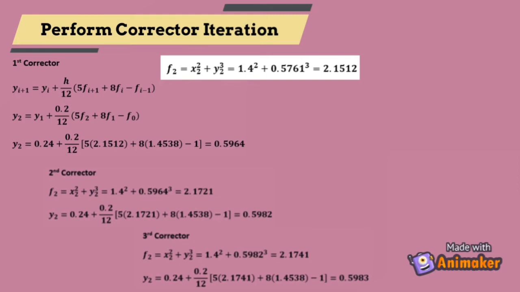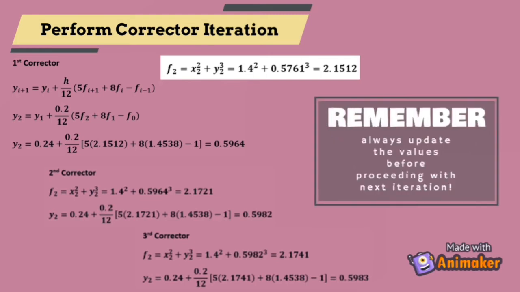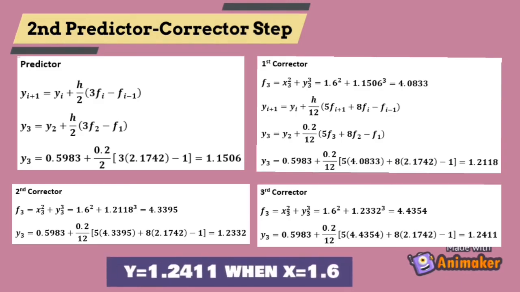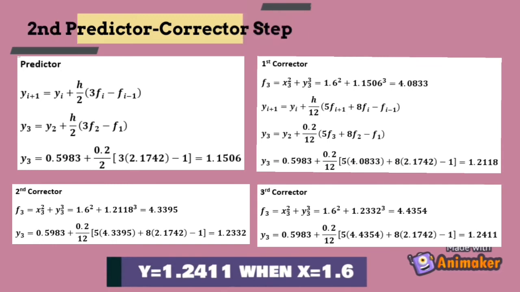So we will get y2 equals to 0.5983. Keep in mind to constantly update the values before doing the next step. Finally, we predict the value for y3 and correct it 3 times. We will get y3 equals to 1.2411 when the x is equals to 1.6.